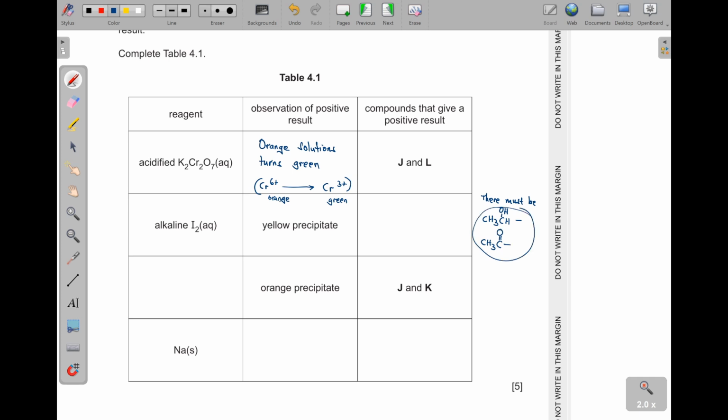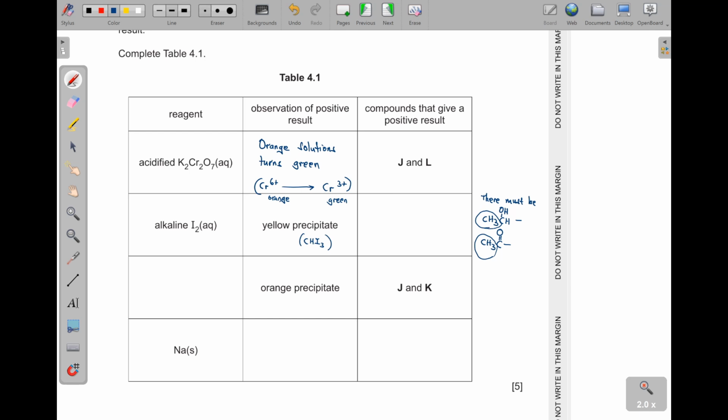So these groups have to be there. If it is an alcohol, it is this. Then ketone, it is like this. And then we get a yellow precipitate. That yellow precipitate is triiodomethane, CHI3, which you get from this methyl group here.